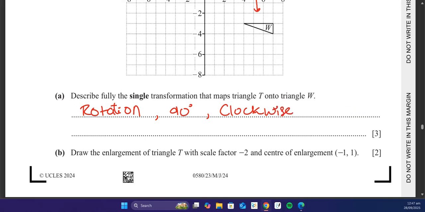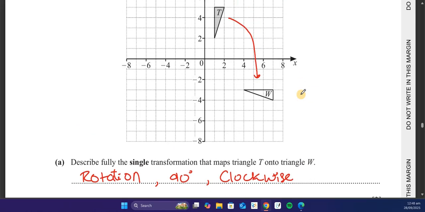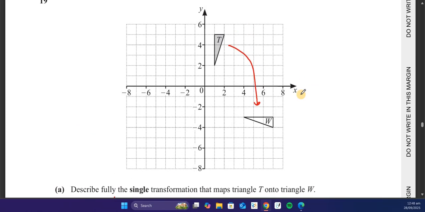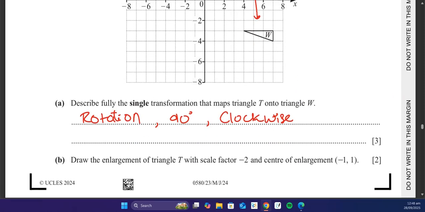All right, and we could also figure out the center of it. So to figure out the center, we could say that the center is (0, minus 2).